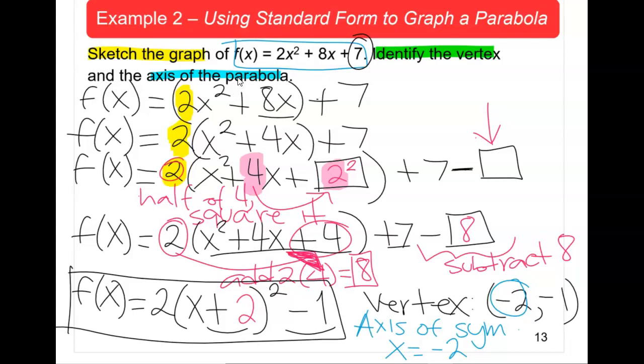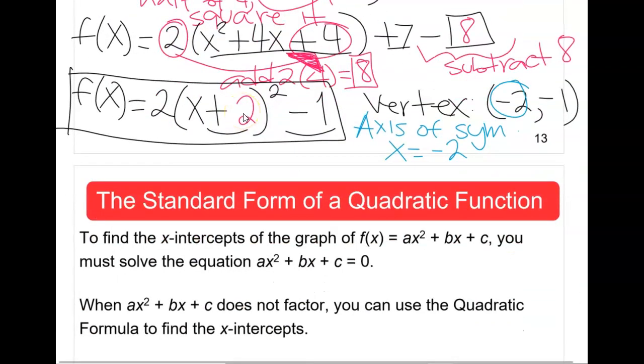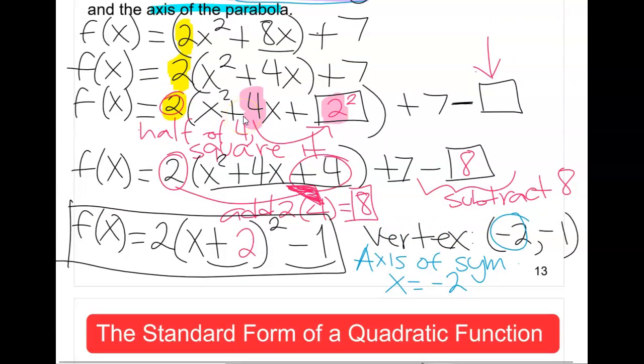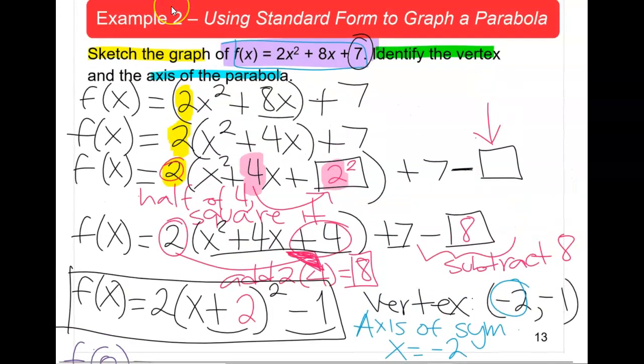What else can we do? Well, we could also find, and this is one of the nice things about having an equation in this form, that in general form, if we need to find the y-intercept, for example, let's do that. We will find f of 0. And so I'm going to just use the equation, but I'm going to replace the x's with a 0.